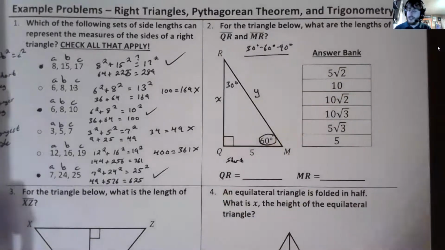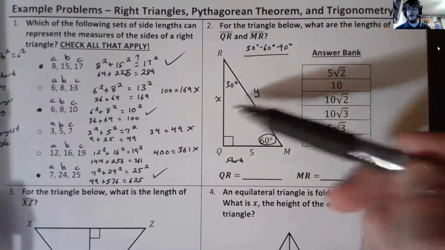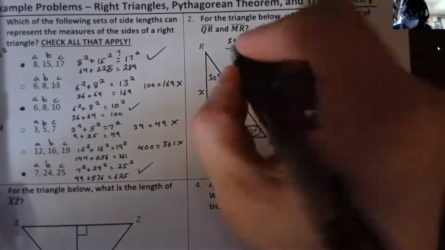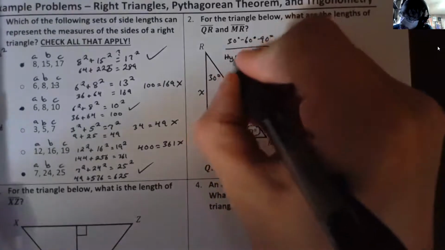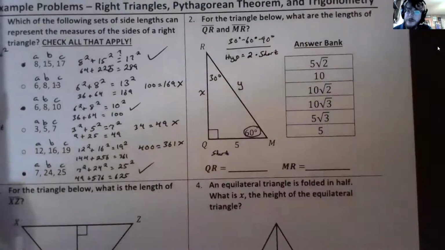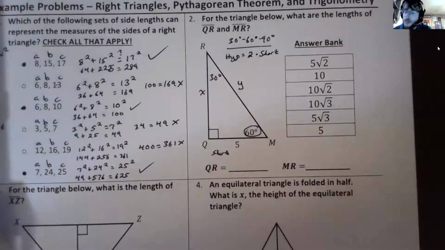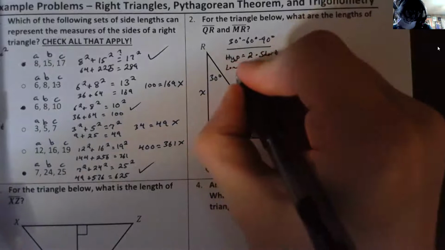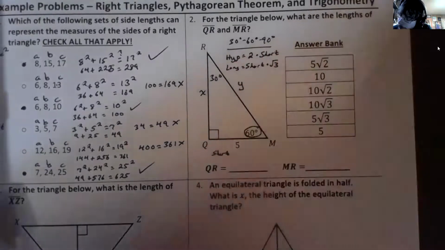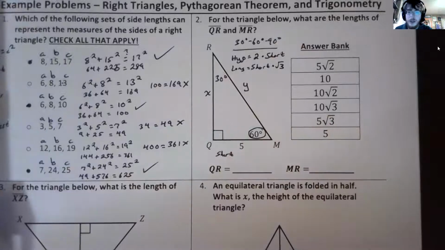So we have the short leg. Since we already have the short leg, we can find the other two things that we need. Now, our formulas are this. The hypotenuse is equal to 2 times the short leg, and the long leg is equal to the short leg times √3. Okay?